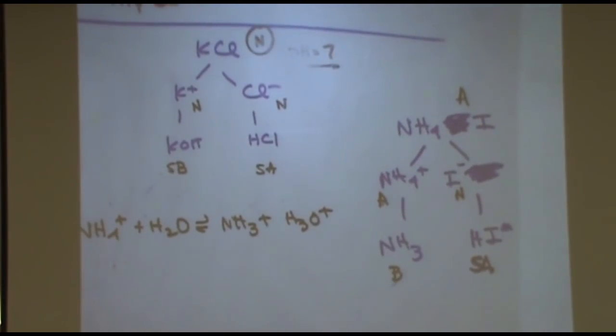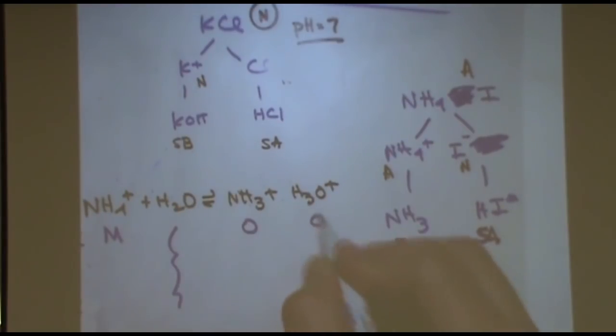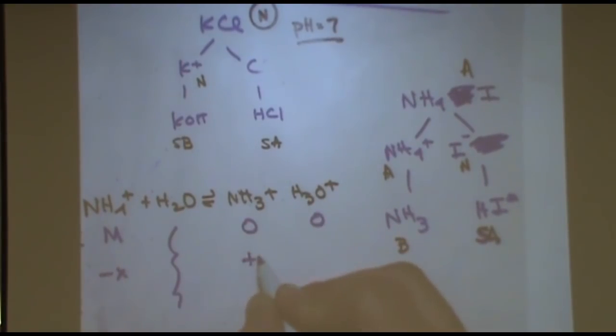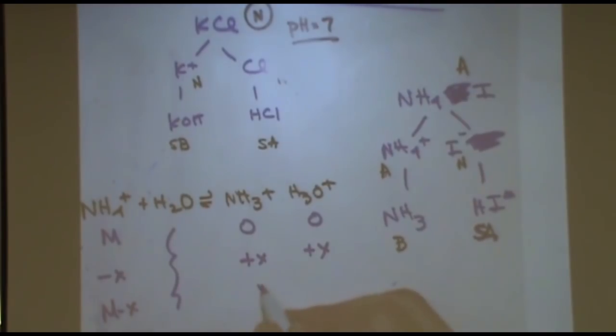Now, I didn't give you a molarity, but you'd have to be given one, so I'll just put M here. You ignore water, the activity is 1, and you have 0 and 0. You go minus X, and you put the plus X where the zeros are, because it'll shift to the right. M minus X, X, and X, so Ka is equal to X squared over M minus X.